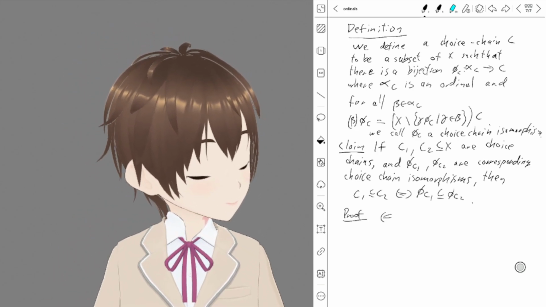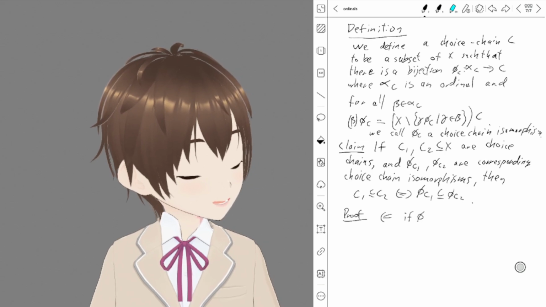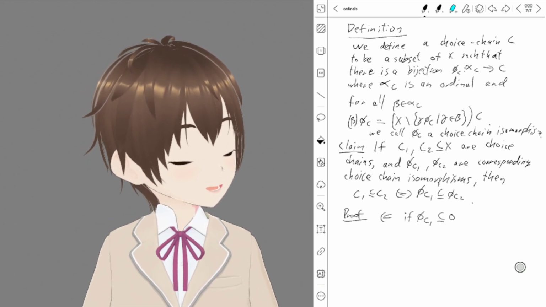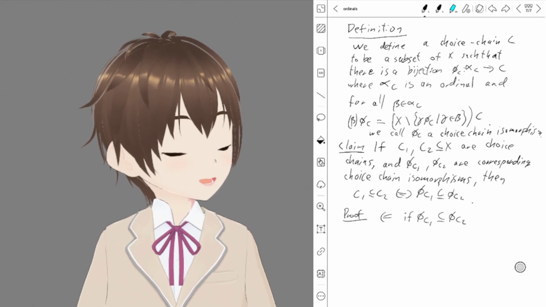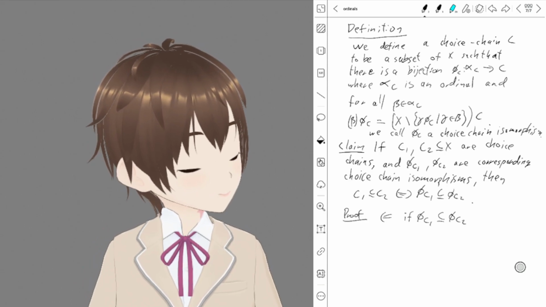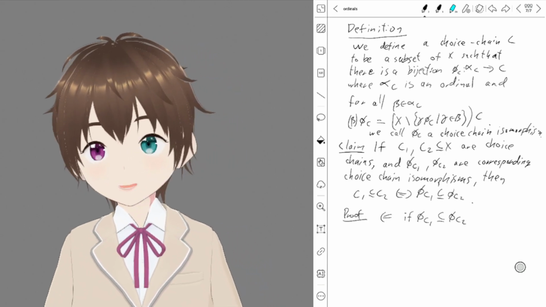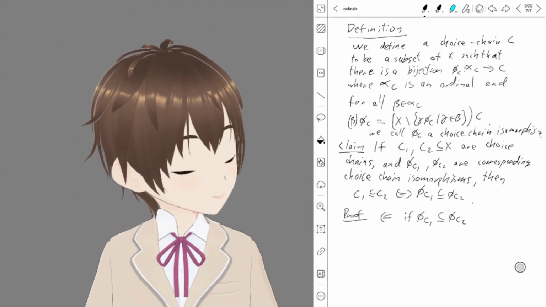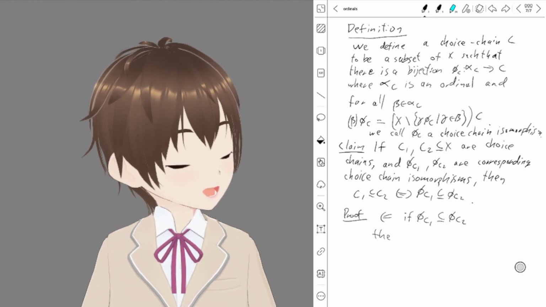If I have a choice chain isomorphism for C1 and a choice chain isomorphism for C2, then C1 is the image of this phi function. So the image of phi C1 is C1, and the image of phi C2 is C2.